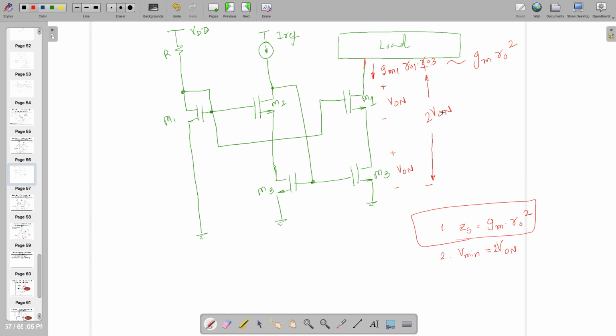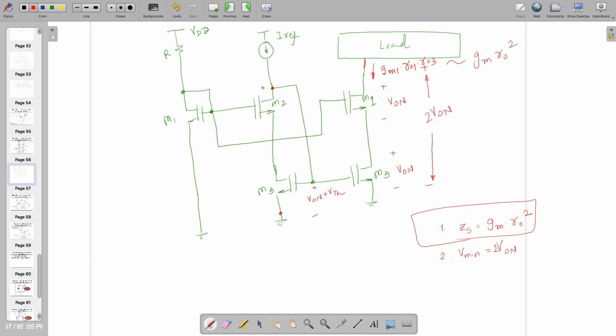So we can do the back calculation, which says that here I need V on plus VTH. And if this is V on plus VTH, this potential from here to here has to be V on plus VTH, right? Because it's available from here to here.